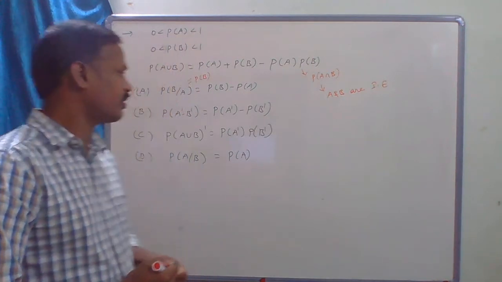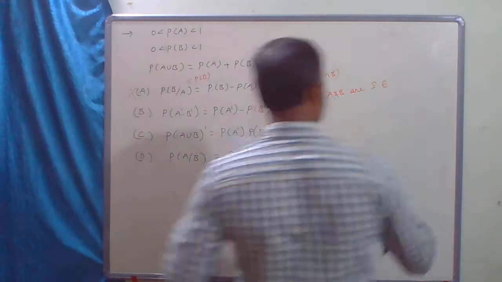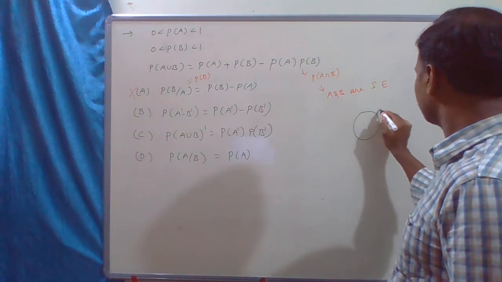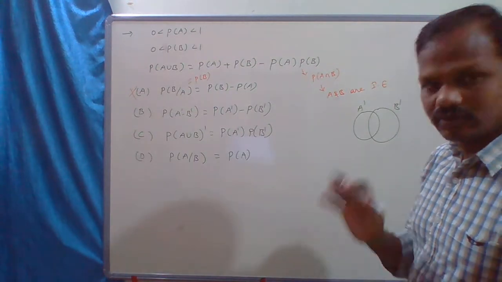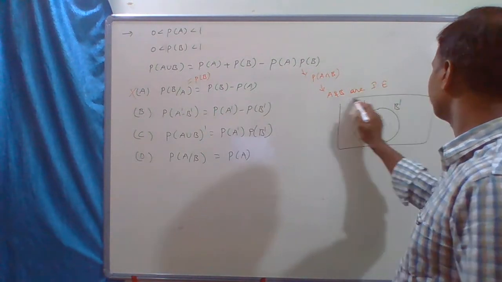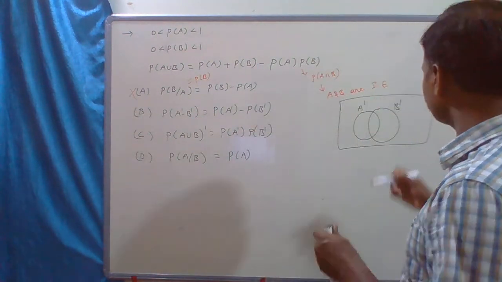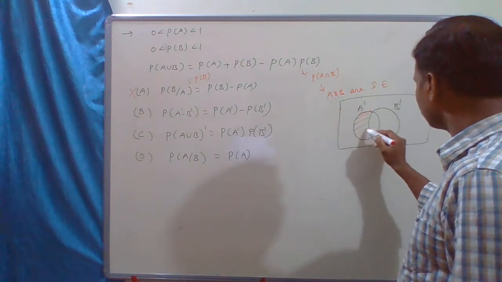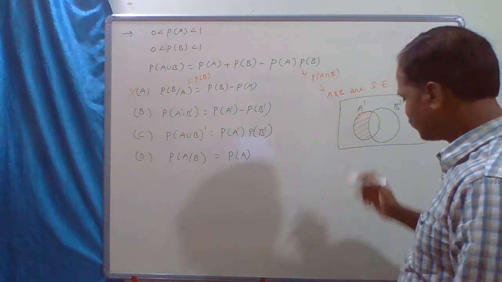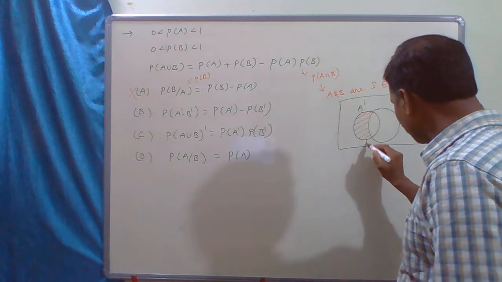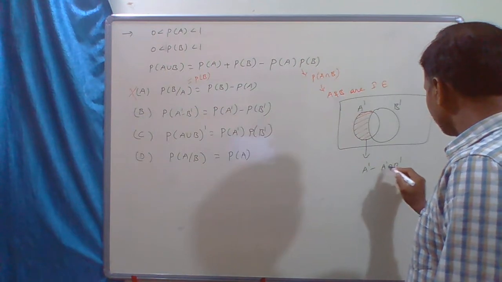Clear? Now probability of A dash minus B dash. Suppose we take the events A dash and B dash as the two sets. Now A dash minus B dash is this part. This part can be written as A dash minus A dash intersection B dash.